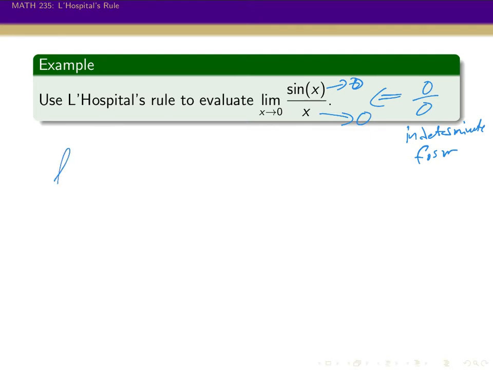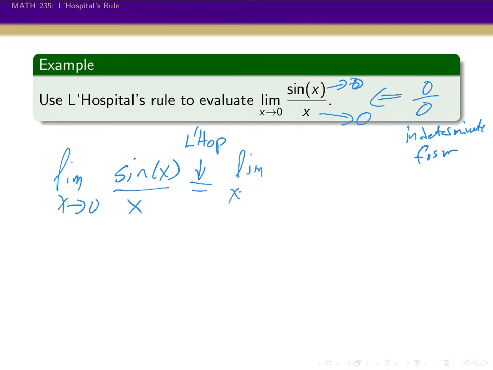So if we're looking at this limit, we're going to apply L'Hopital's, so I'm going to put a note here saying we're doing L'Hopital's right here, and I'm just going to shorten it to LHOP.